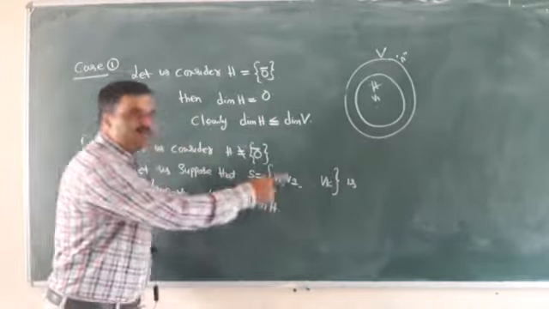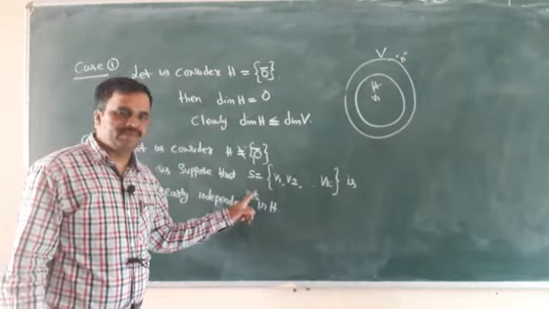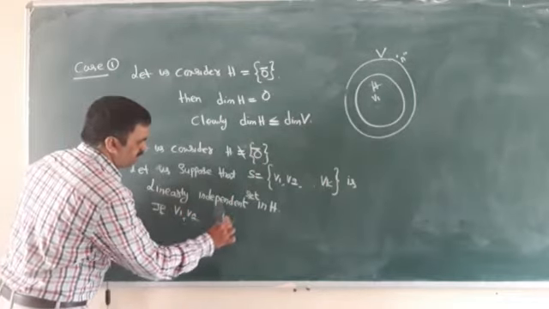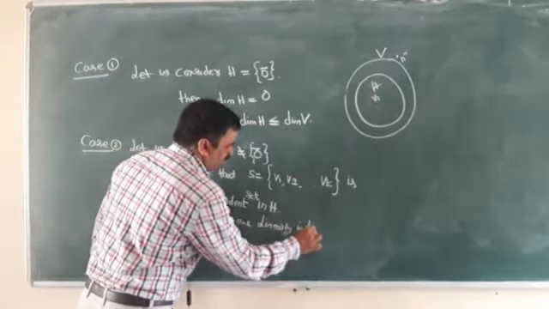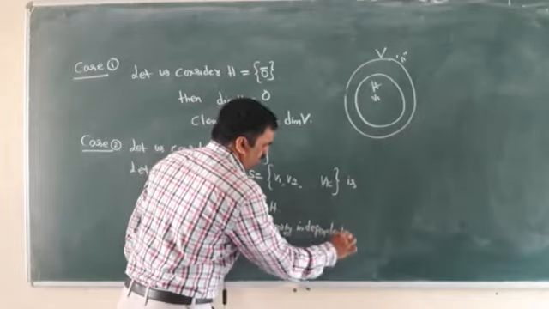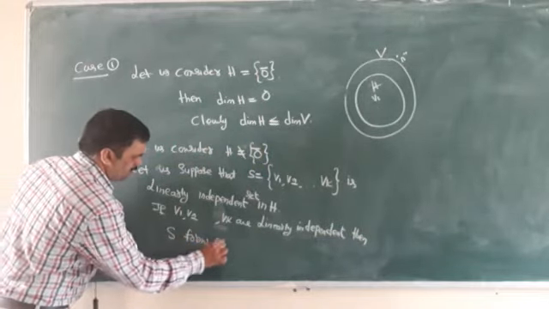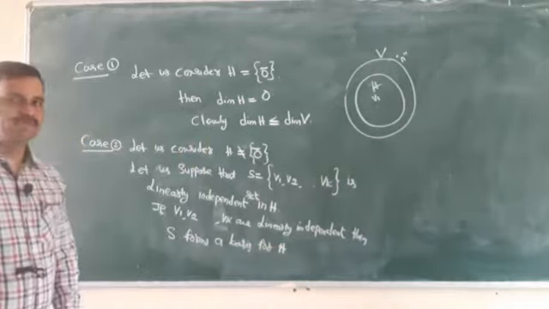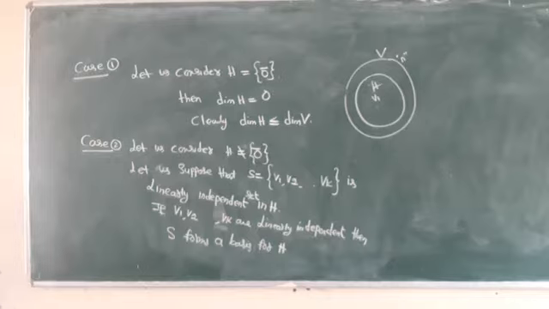For example, if V1, V2, and so on, Vk are linearly independent and span, then S forms a basis for H. Correct?